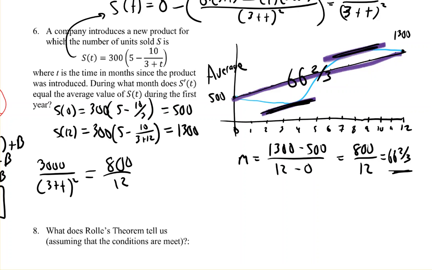I would probably solve this by cross-multiplying it first. And if I'm trying to solve this for t, actually, I guess I would divide both sides by 800.